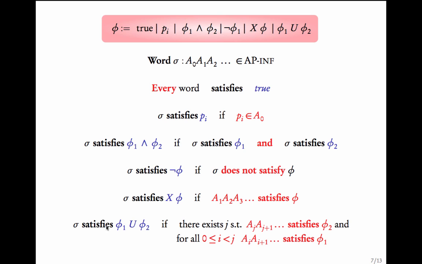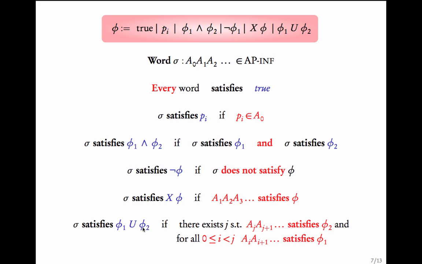Try to see, for example, if it was not of X p1 until not p2. If it was a formula like this, you know intuitively that not of X p1 should be true until not p2 is true. Try to write the definition. Replace phi1 with whatever is there here.